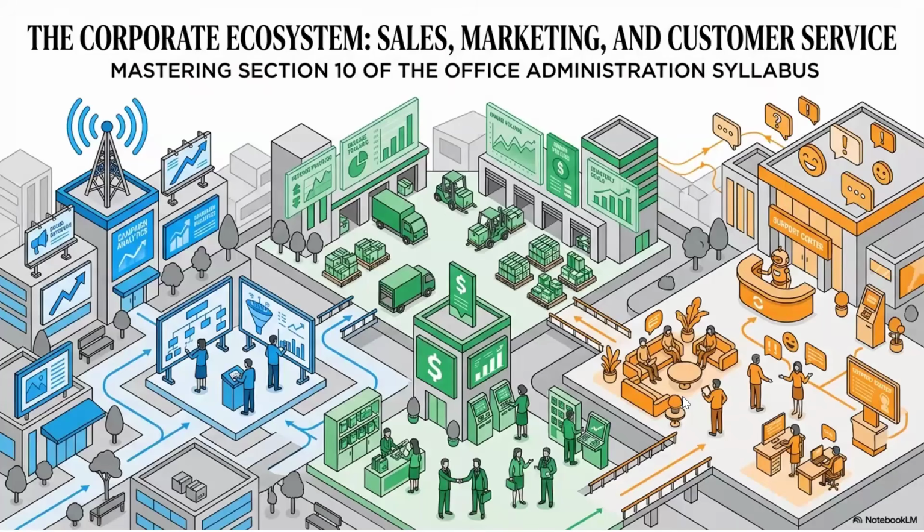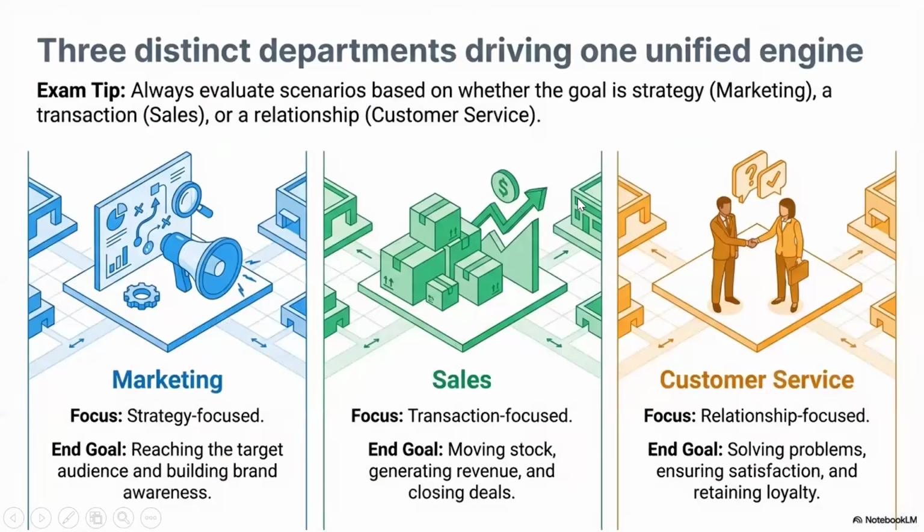All right, so now you're gonna look at sales, marketing, and customer service. And again, you're gonna start off with the functions and the roles of a clerk, right? So we see sales, marketing.